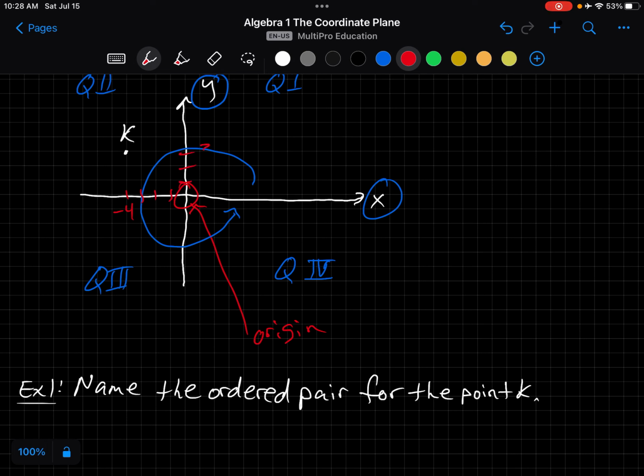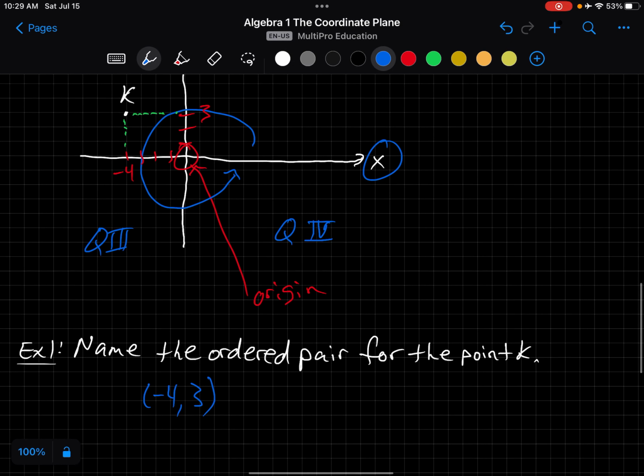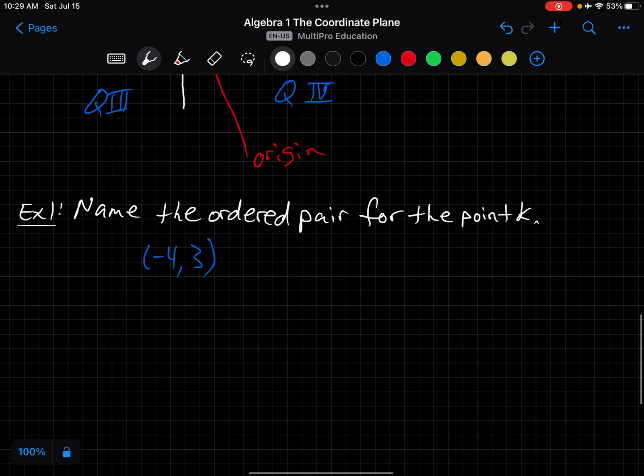And then 1, 2, 3. That's +3. Okay, so if we were to draw a dotted line, we know then that it is -4 for the X and then +3 for the Y. So that's the ordered pair for point K. Great job! Alright, now example 2.